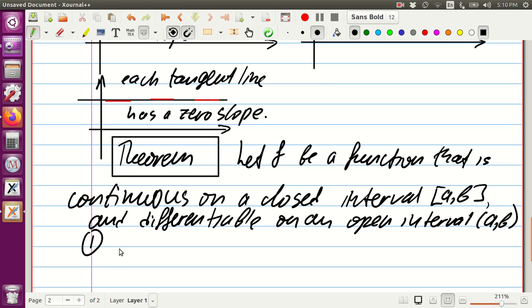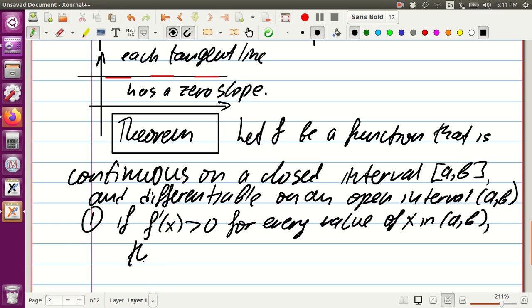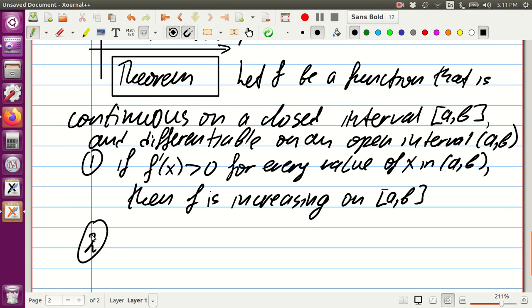Then part 1 of the rule says, if f prime of x is greater than 0 for every value of x in (a, b), then f is increasing on (a, b). This is our picture 1.